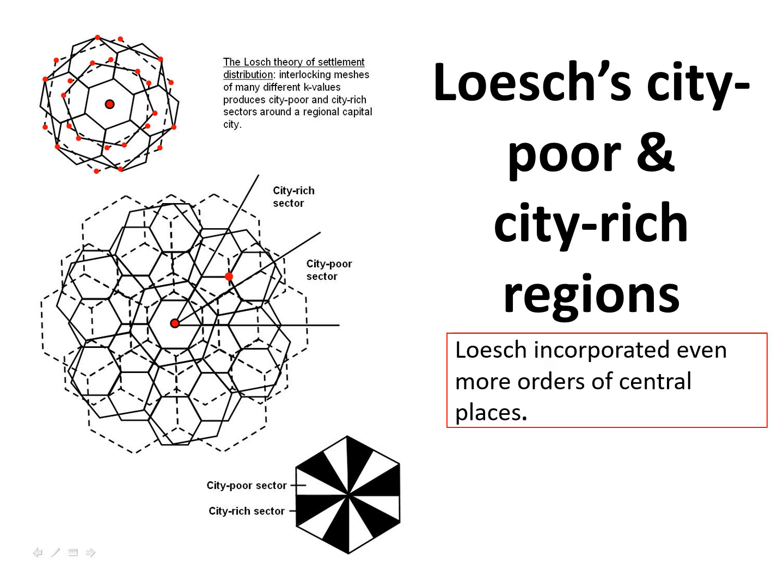So one was that whereas I think Christaller had maybe 7 orders, from like the lowest order to the highest order within his system of central places, Loesch had about 150, as I recall.